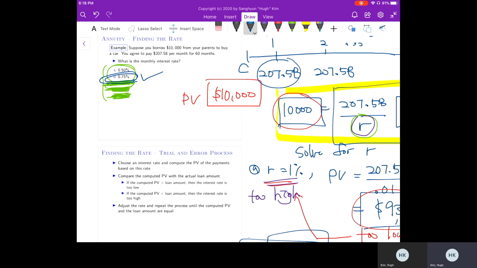If the computed present value is greater than the actual loan amount, then the interest rate is too low. If it is less than the actual loan amount, then the interest rate is too high. You adjust the rate and repeat the process until the computed present value and the loan amount are equal.